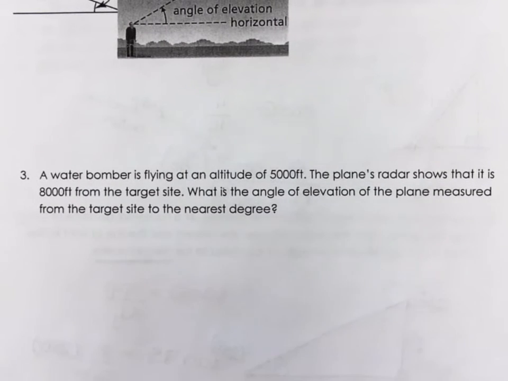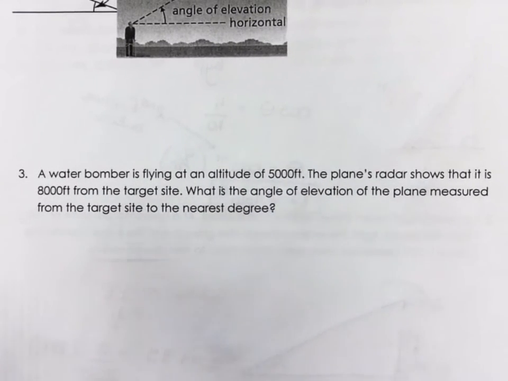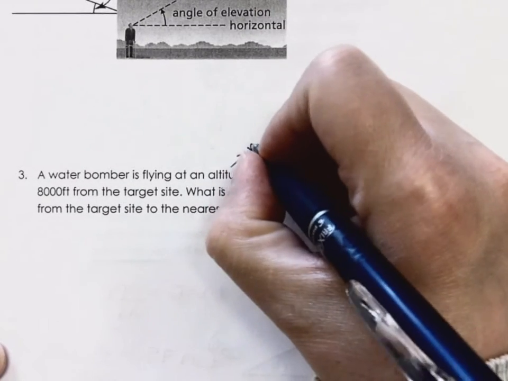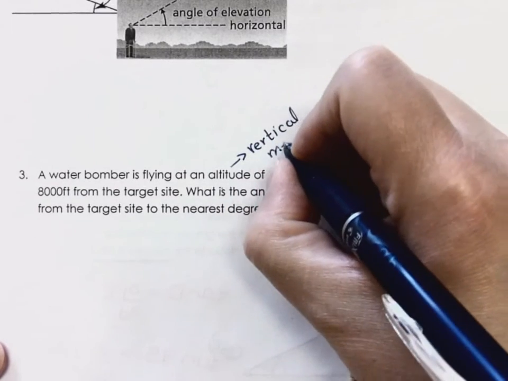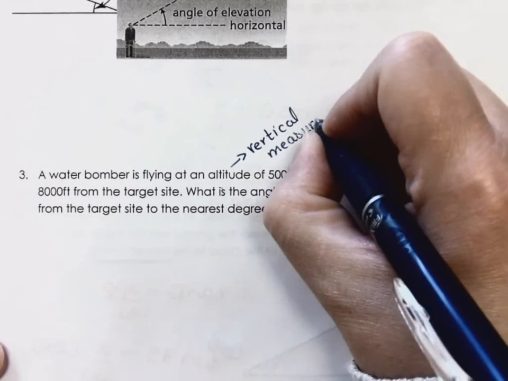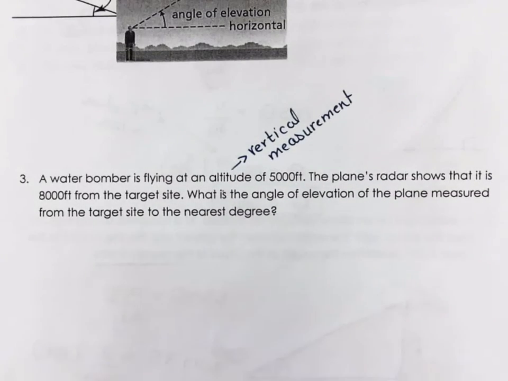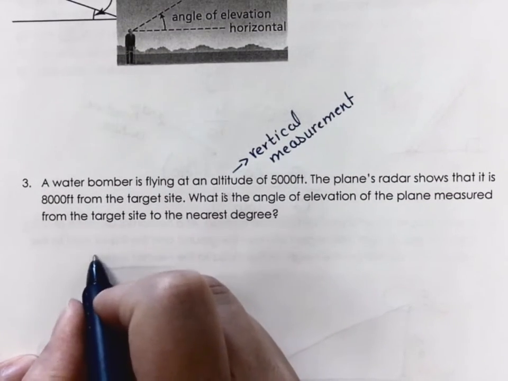Okay, a water bomber is flying at an altitude of 5,000 feet. So altitude, just so you know, is a vertical measurement. Okay, I'm about to draw a plane, everybody. It's not going to be pretty.